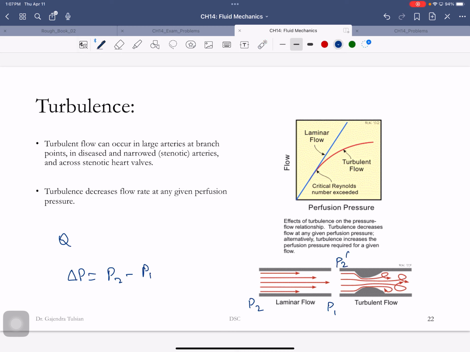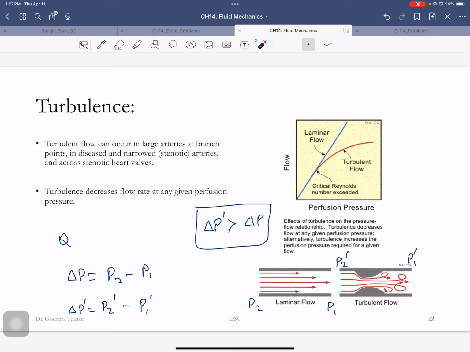P2 prime, P1 prime: delta P prime is greater than delta P. So to maintain the same flow rate with turbulence present, it is costing you more, or if this is your heart, it's having to work harder.